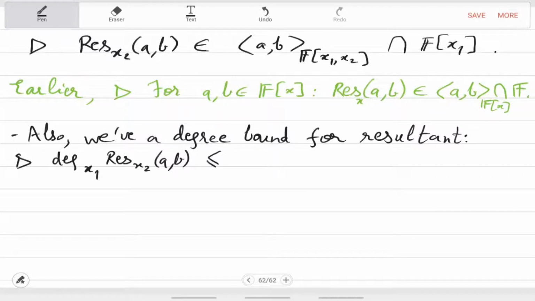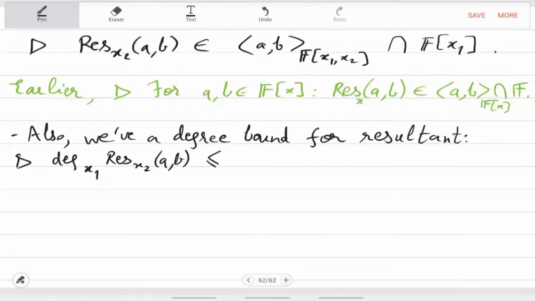Remember that it was the matrix given by the linear system to find u and v in the Euclid algorithm. The matrix dimensions are the sum of the degrees of u and v, but when you compute the determinant, you have to take the product, so it's kind of quadratic. It is the degree of b with respect to x2 times the degree of a with respect to x1, plus the symmetric thing.